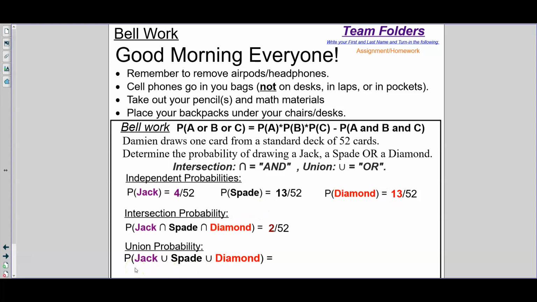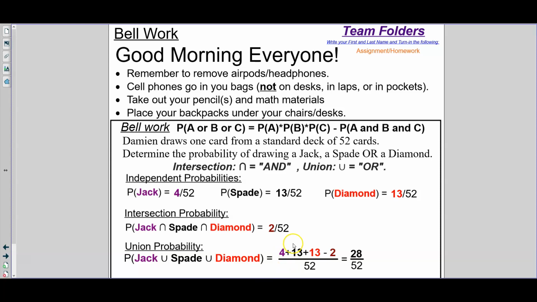If we're doing the probability of finding a jack or spade or diamond, then keep in mind we have to do the independent ones together. We're going to add these together and subtract out the intersection. So if you did that, you should have 28 out of 52.